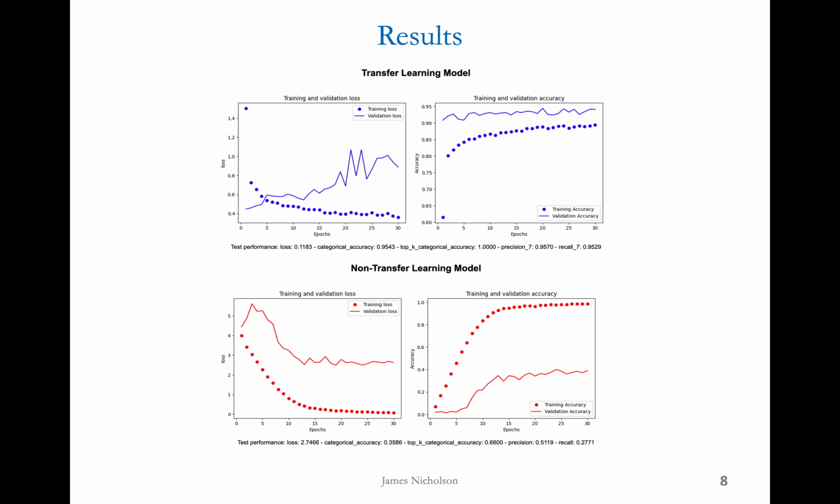So I think using these metrics seen here, both in training and validation, and during the test evaluation, it can be reasonably concluded that transfer learning, at least in this example, using the Inception image recognition model versus just a trained from scratch convolutional neural network, is much more performant, and that's not surprising.